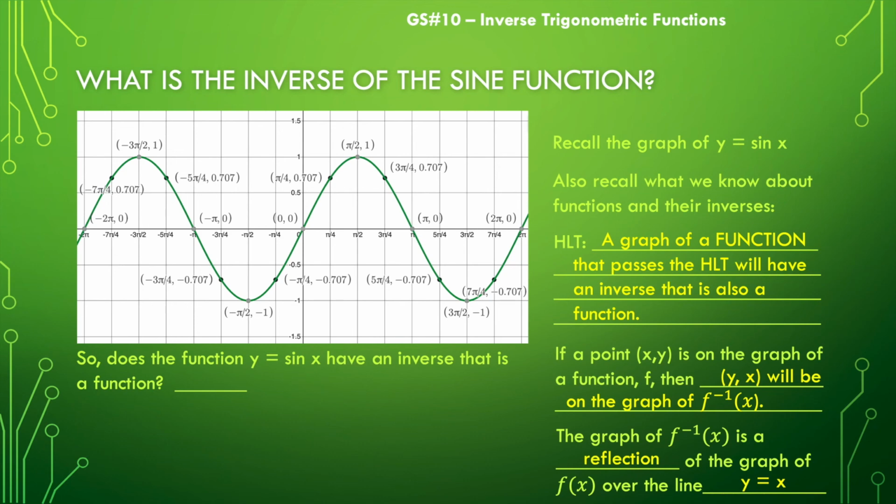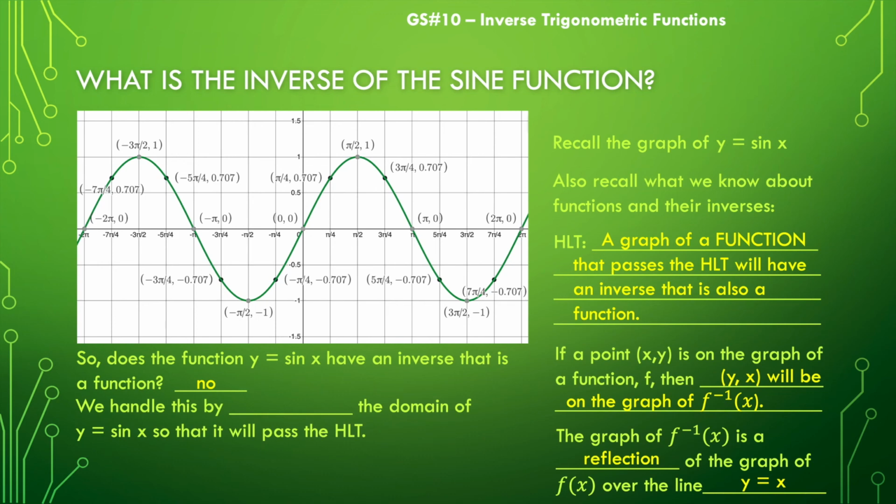As we have it now, the answer is no, because pretty much anywhere you put a horizontal line, you're going to fail the horizontal line test. So we're going to restrict the domain of y equals sine of x so that it will pass the horizontal line test.